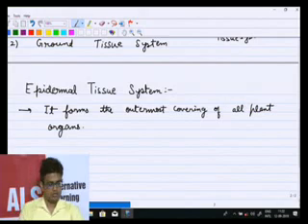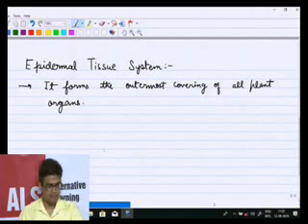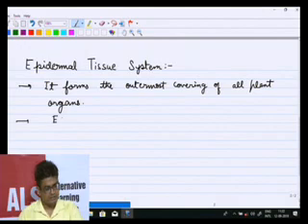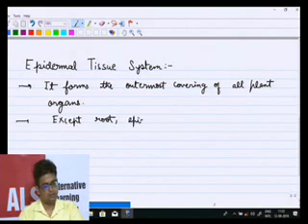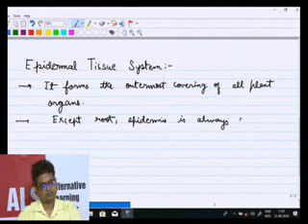So I had told you in brief about the epidermal tissue system last time. It forms the outermost covering of all plant organs. Write one more point. Except root, epidermis is always coated by cuticle.